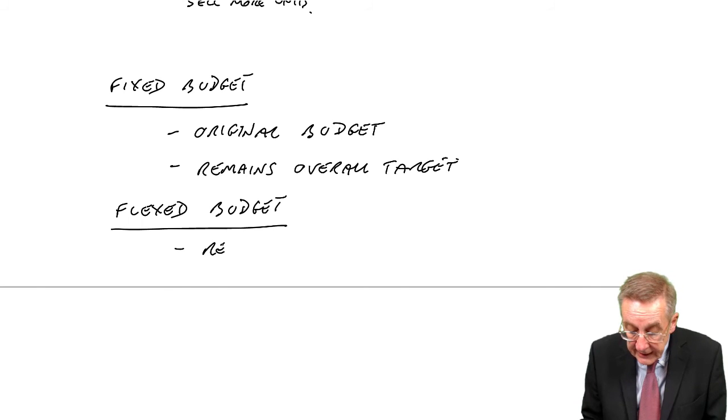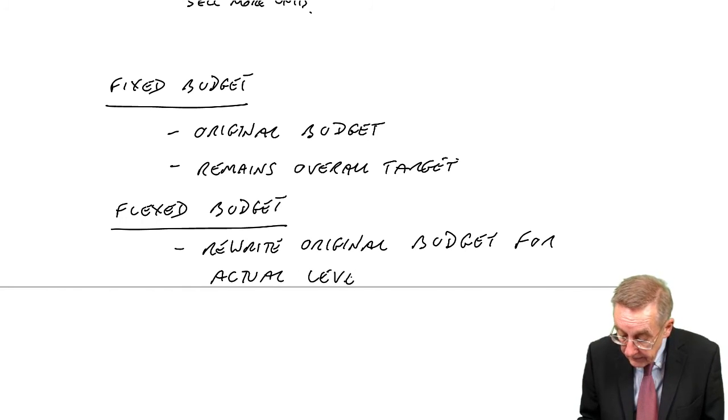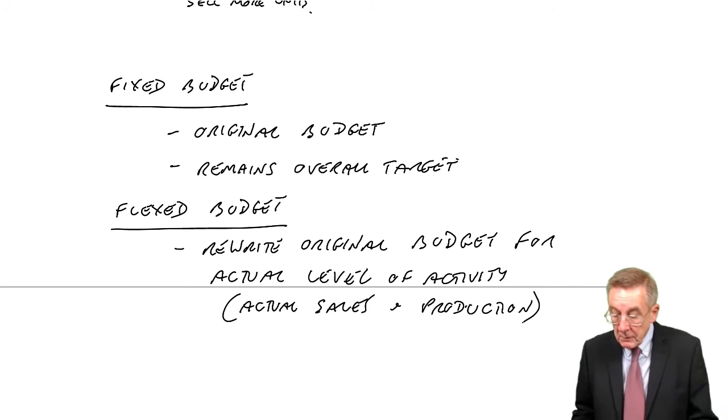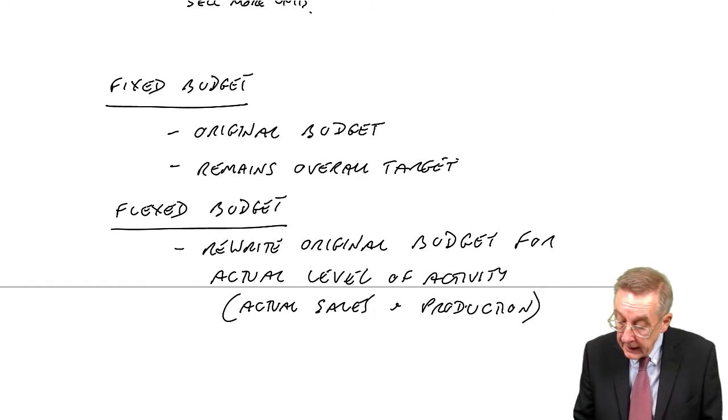It's where we rewrite the original budget for the actual level of activity, and by that I mean actual sales, actual production. And the relevance of it, again, I do hope is now clear.